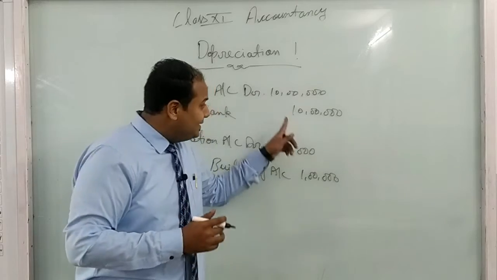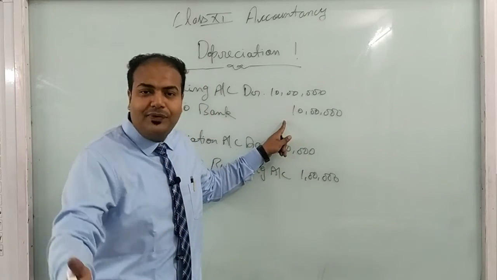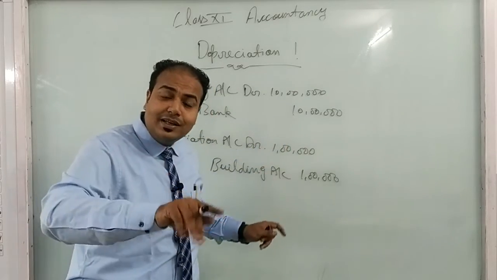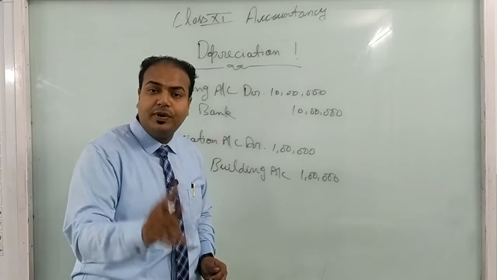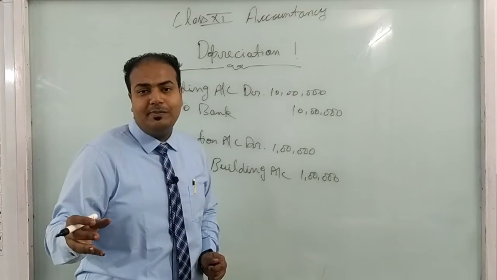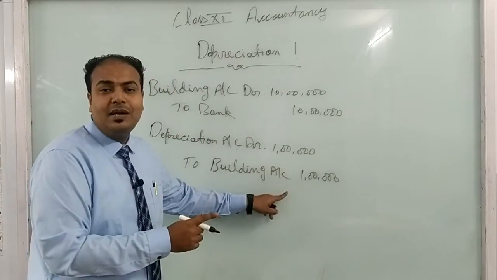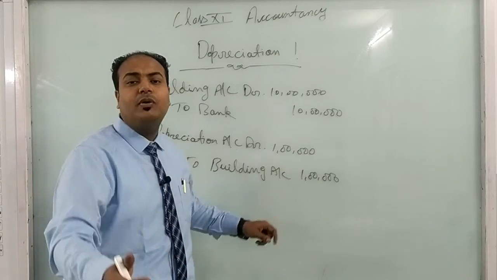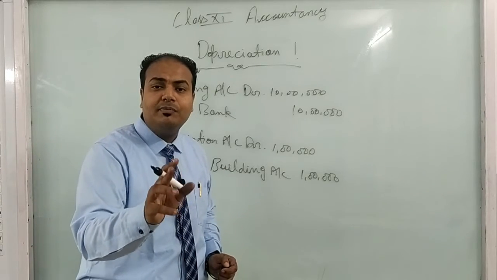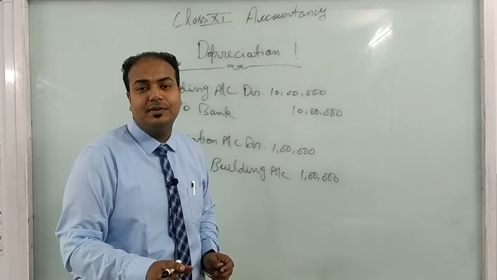Okay, 10 साल के लिए इनकम दे रहा था, 10 साल का बेनिफिट आपको दे रहा था, तो 10 साल तक इस खर्चे को हमें रिकॉर्ड करना है प्रॉफिट एंड लॉस में प्रोपोर्शनेट बेसिस पे. 1 लाख रुपीस का अमाउंट आया, हर साल उसको प्रॉफिट एंड लॉस में चार्ज करेंगे बाय द अमाउंट, बाय द नेम ऑफ डेप्रिसिएशन.